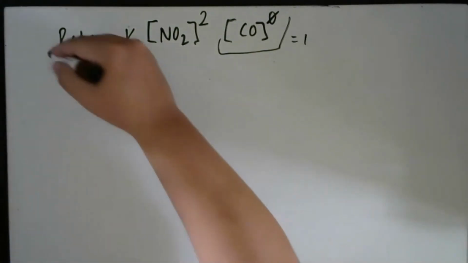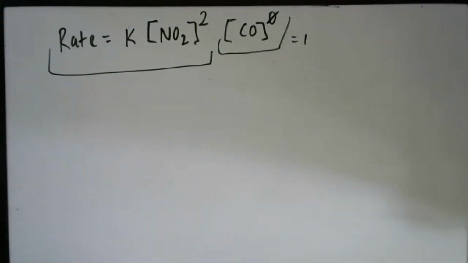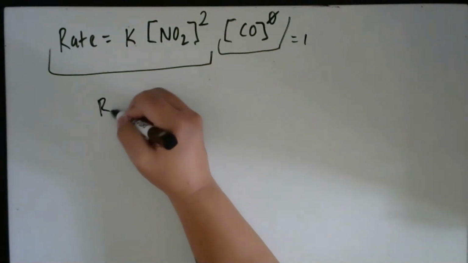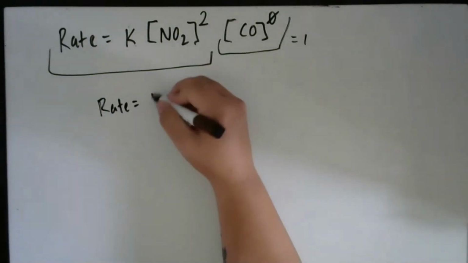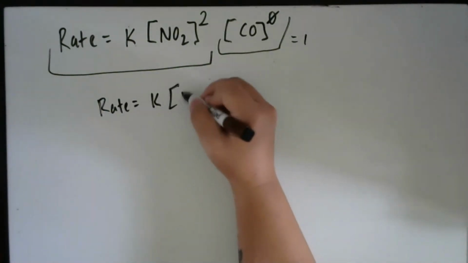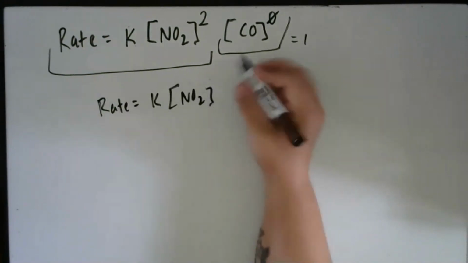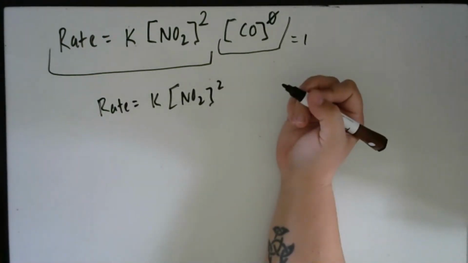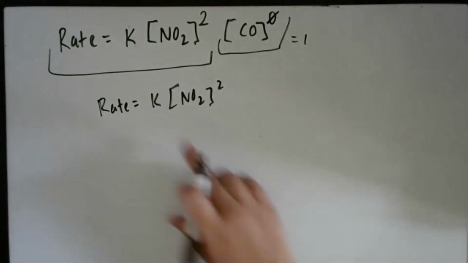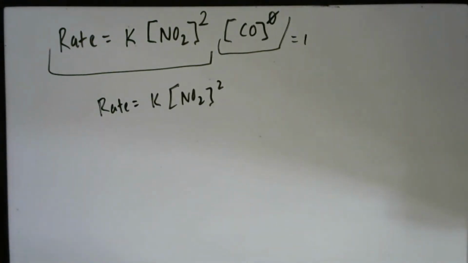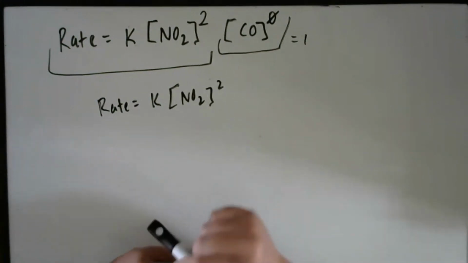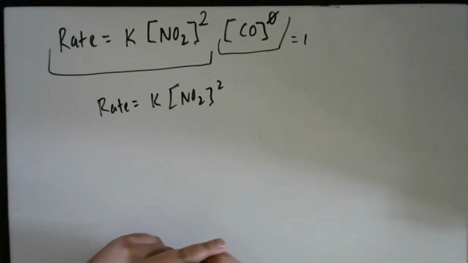So our real rate law here is going to be that the rate is equal to K, which is our rate constant, times the concentration of the NO2 squared. That's going to be our rate law. Once we have the rate law, we're going to be able to use any of our trials to figure out what our rate constant is.